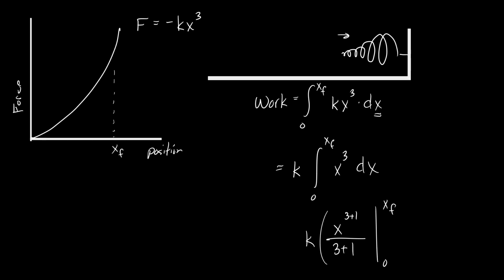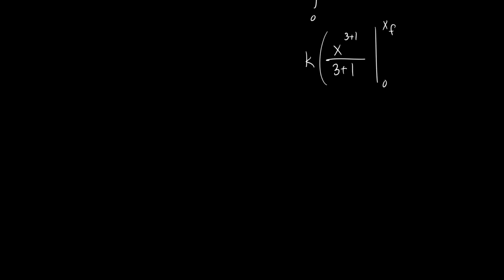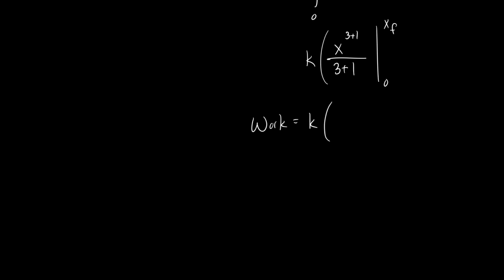My next step is to put in my limits of integration. And that will be x final to the 4th over 4 minus 0 to the 4th over 4. Now I'll do whatever arithmetic is necessary to put it together in a term that works. The amount of work done looks something like that.